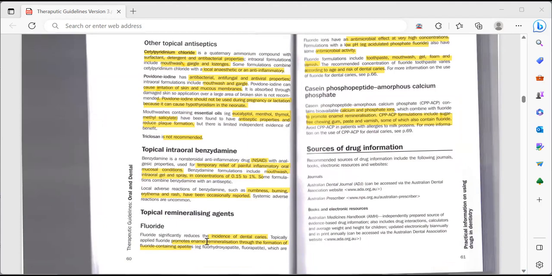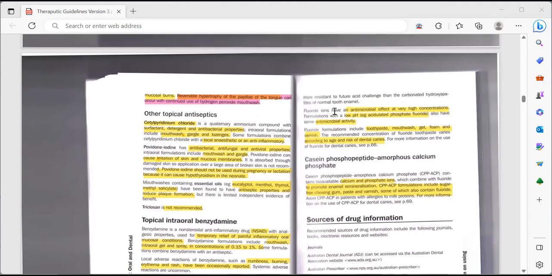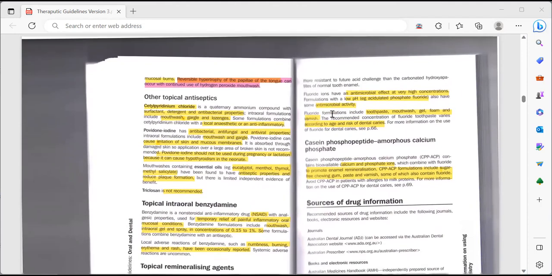Topically applied fluoride helps in remineralization through the formation of fluoride-containing apatites, which are fluorohydroxyapatite and fluoroapatite, which are more resistant to future acid attack than the normal components of the tooth enamel. Then fluoride ions have an antimicrobial effect as well at higher concentration with low pH. Like if we use acidulated phosphate fluoride, it also has antimicrobial activity.